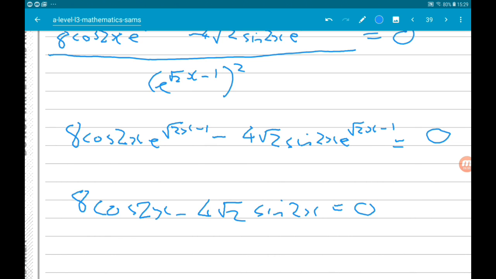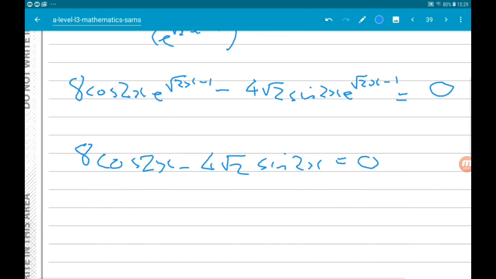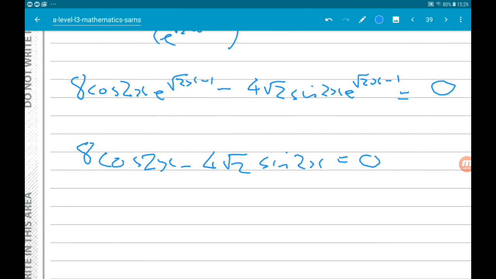We can then divide through by 4, so we get 2 cos 2x minus root 2 sine of 2x is equal to 0.